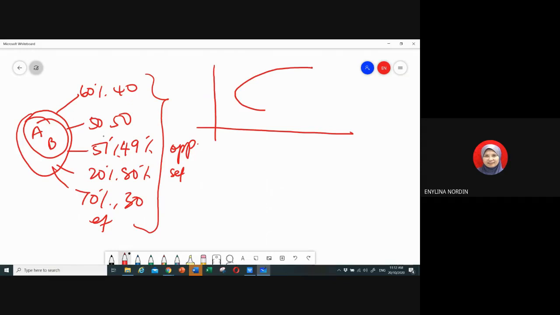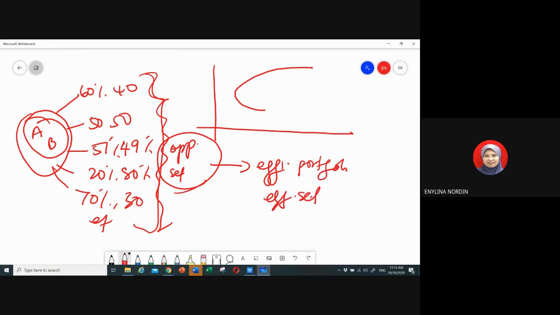But from this set, the many combinations, which is called the opportunity set, which one is the most efficient combination, or efficient portfolio, that will fall under the efficient set? We want to identify that. Generally, it starts from MV. So what is MV? MV is the portfolio that has the lowest standard deviation.